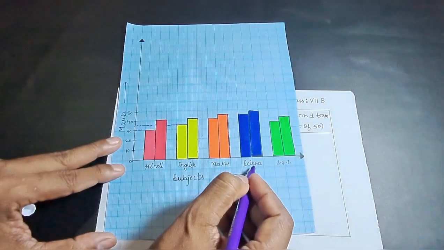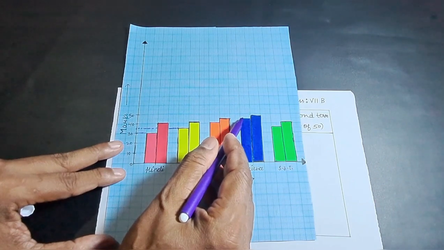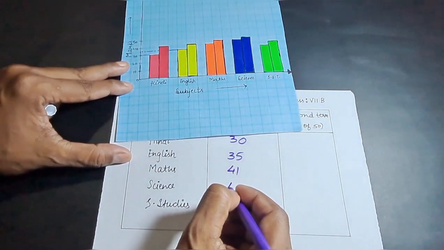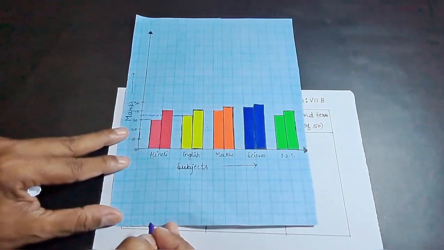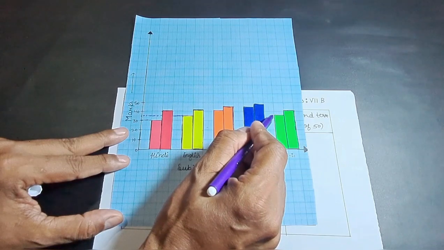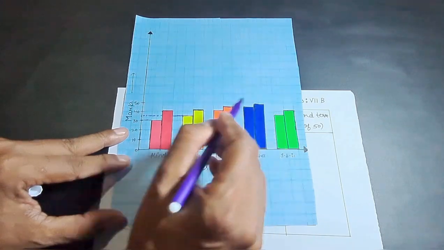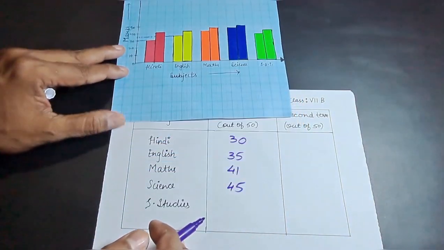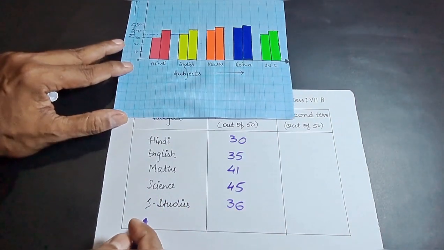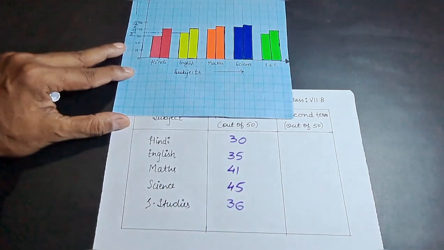Corresponding to science, the first bar coincides with 45, and so the marks obtained are 45. In social studies, the marks obtained are 1 unit above 35, so that is 36 on the y-axis. So these are the marks obtained by the student in various subjects in the first term.